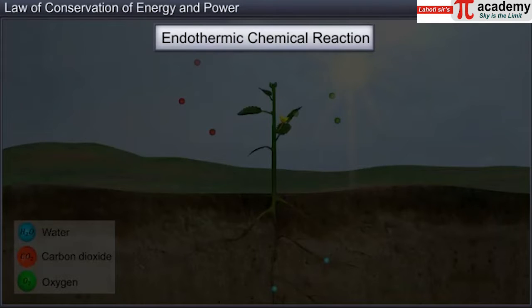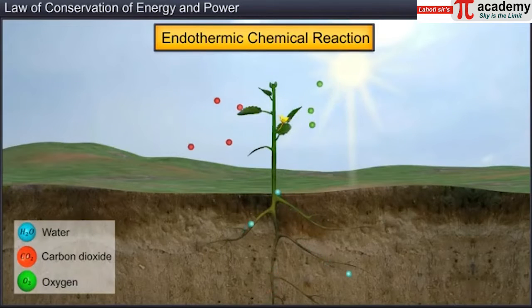There are some other chemical reactions that absorb heat during their reaction and are called endothermic reactions. Some reactions, such as photosynthesis, are endothermic reactions which allow plants to make sugar from carbon dioxide in the presence of air.